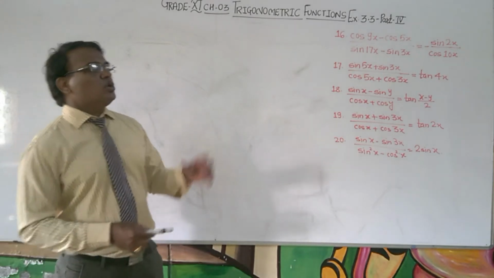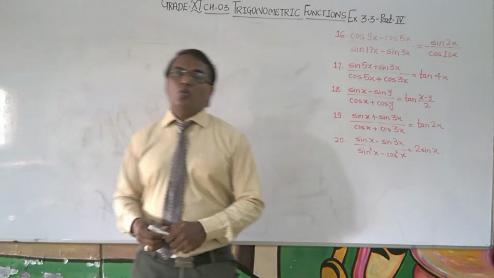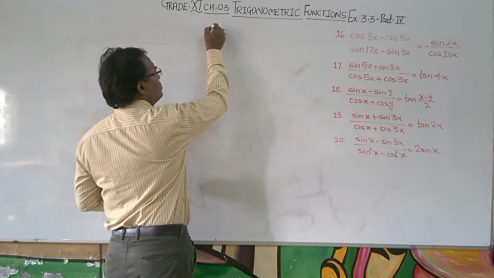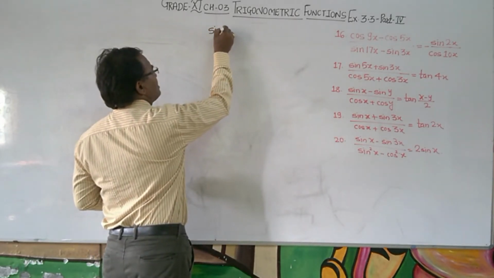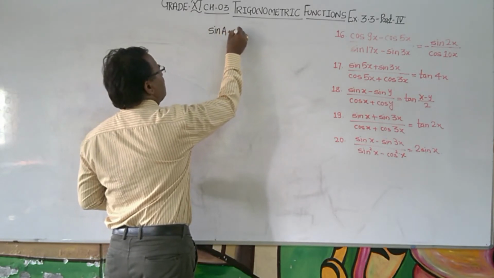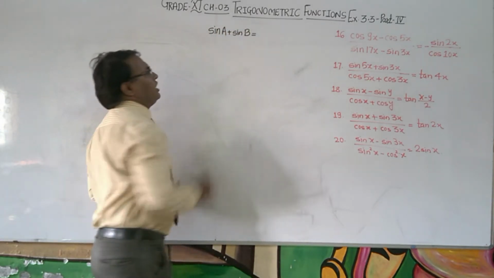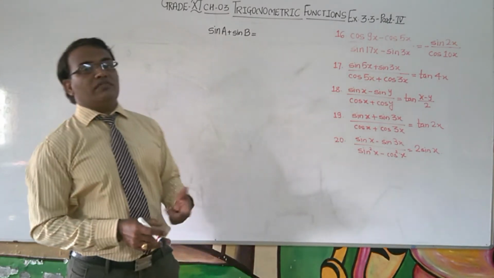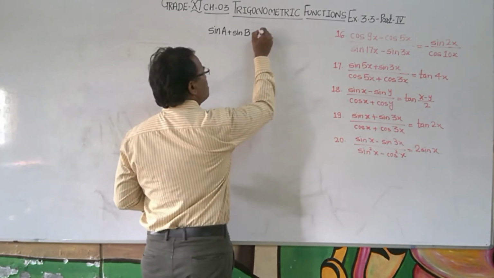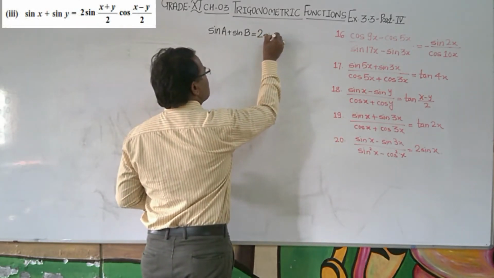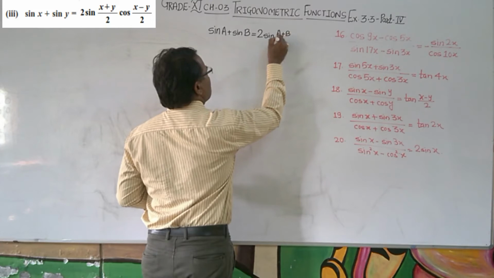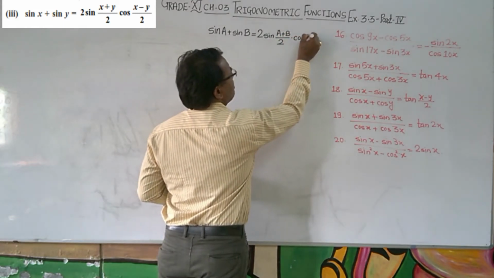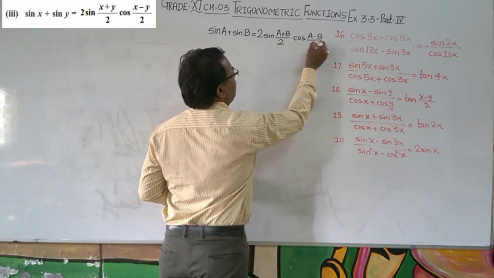Yes, of course. So the formula number 1 which we are going to use here is sin A plus sin B. If the things are like this, sin A plus sin B, then what we are supposed to do? Then we have to use 2 into sin of (A plus B) divided by 2 and into cos of (A minus B) upon 2.